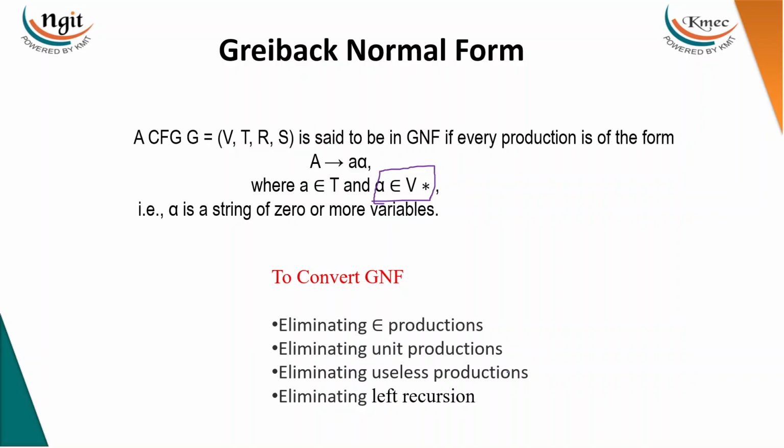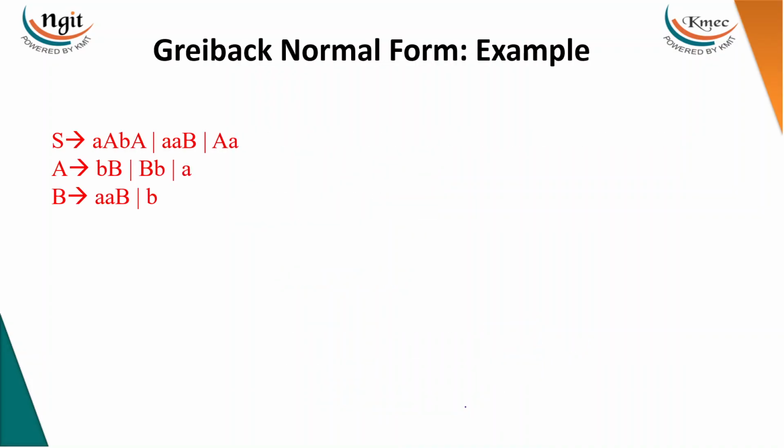No useless symbols; this won't affect your grammar, but it will affect your conversion algorithm by taking extra productions and repeated things. These three are common to CNF, but the condition specific to GNF is that the grammar must be free from left recursion. Otherwise, it will enter into infinite looping.